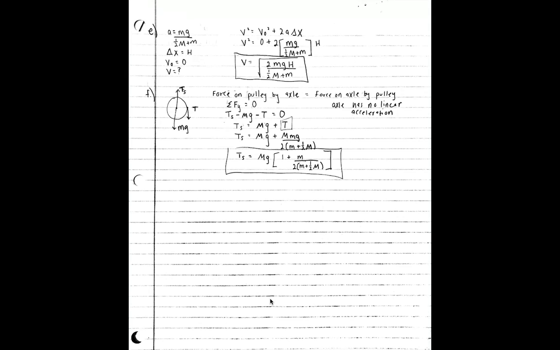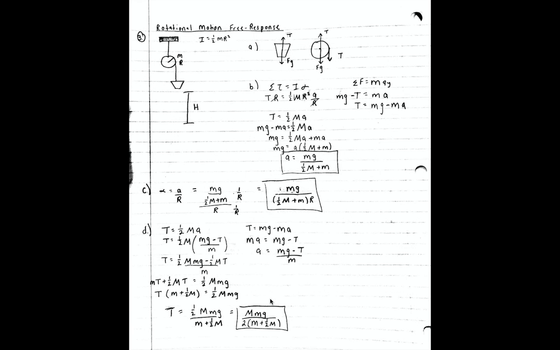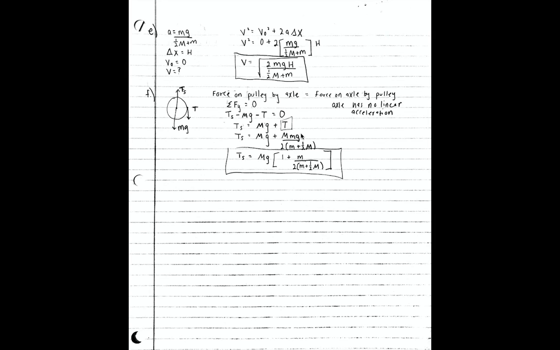So we need to substitute in for that T from part D. And then when we simplify, we can factor out a big M times g from the numerator. We get that expression here, which relates the tension due to the support to our other variables.